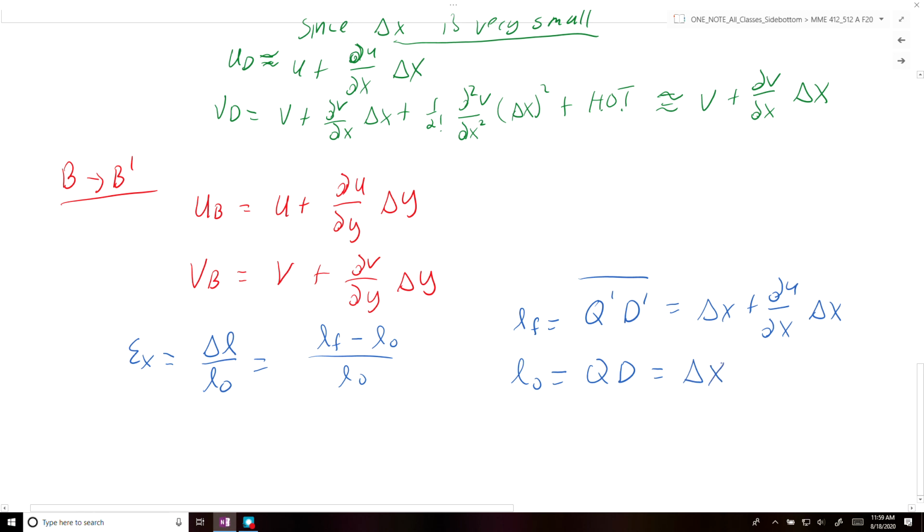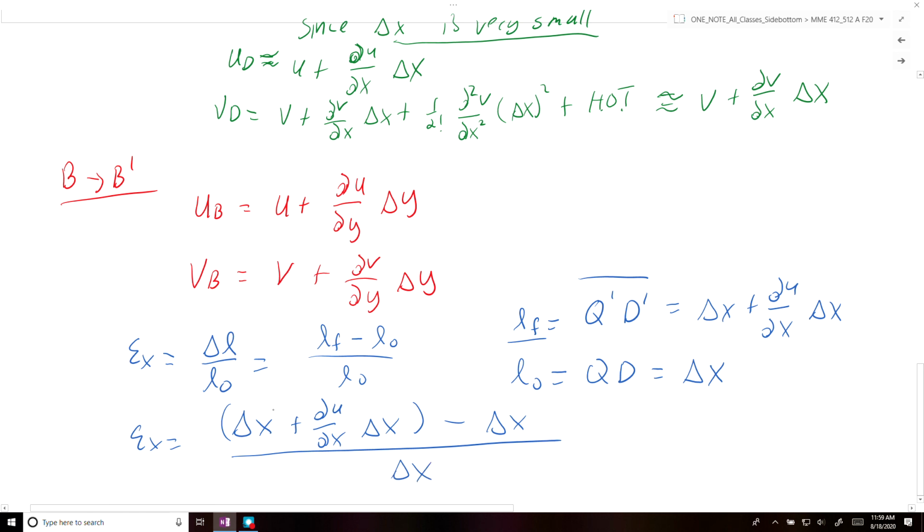Okay. So if we solve for epsilon x, what we end up getting is delta x plus du/dx delta x, which is our length at LF, minus our original length, which is just delta x, divided by our original length, which is delta x.